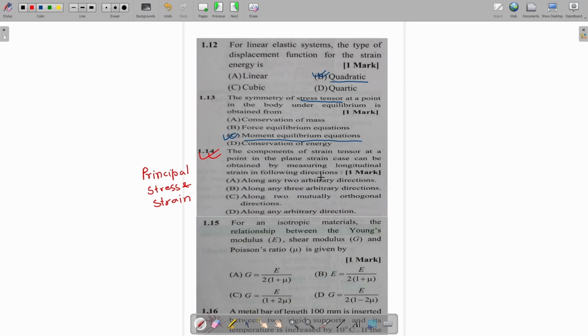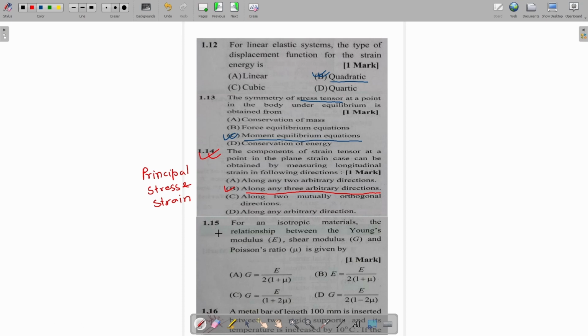The answer will be option B, along any three arbitrary directions. I'm going to explain it when I explain principal stress and strain. For now, you need to write it as along any three arbitrary directions. Even if I want to explain, I cannot. There's a lot more theory going on. It may seem to be a 1 mark question, but the theory is a huge one, so it is not possible for me to cover in this video.